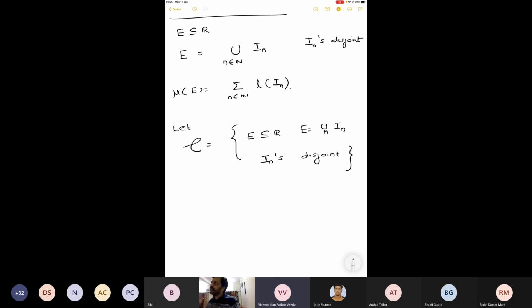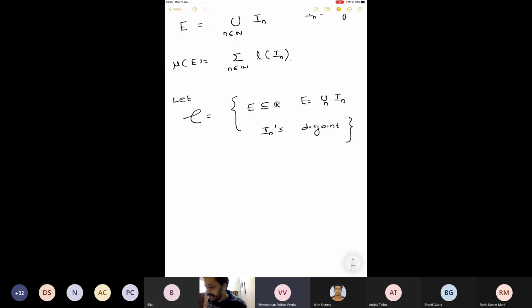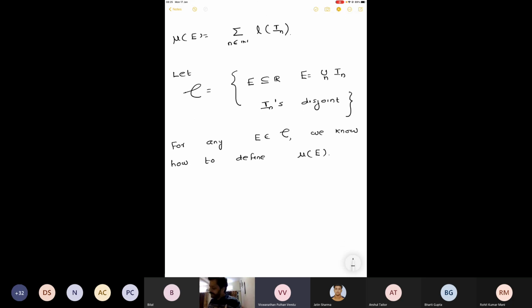Now the next step. So from intervals, we went up to unions of disjoint intervals. Now suppose E is a subset of R. Now let me complete this. For any E in script C, we know how to define mu of E. The next level.